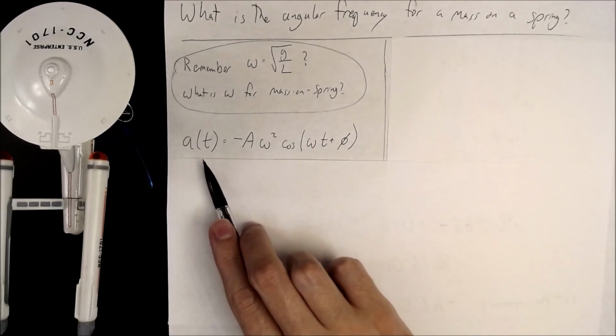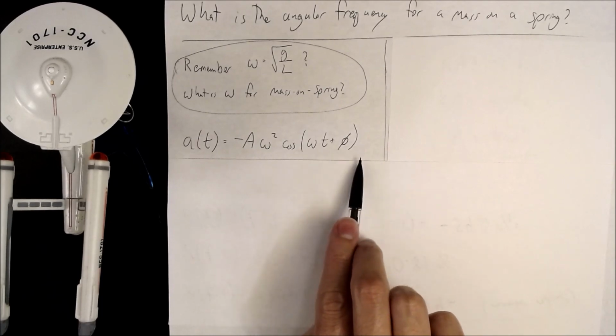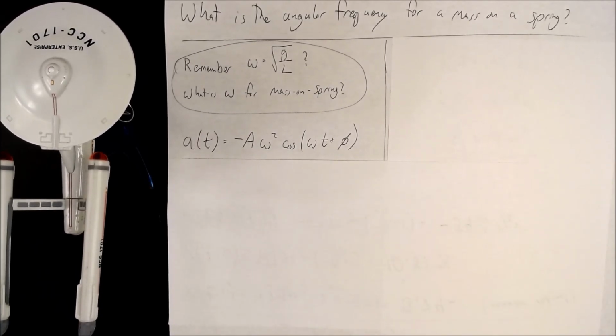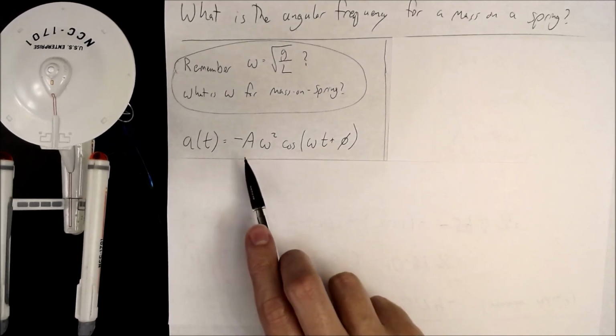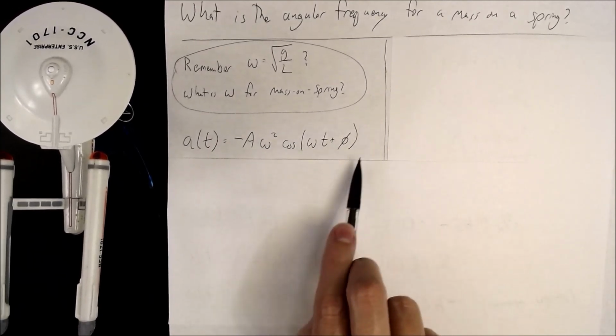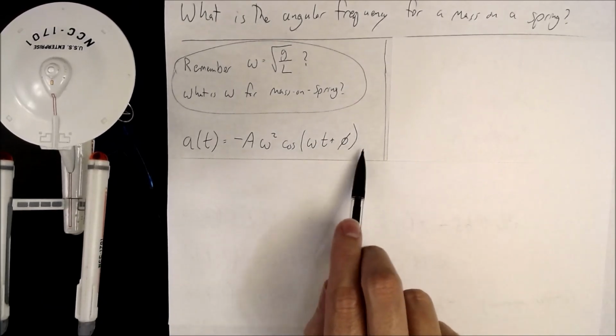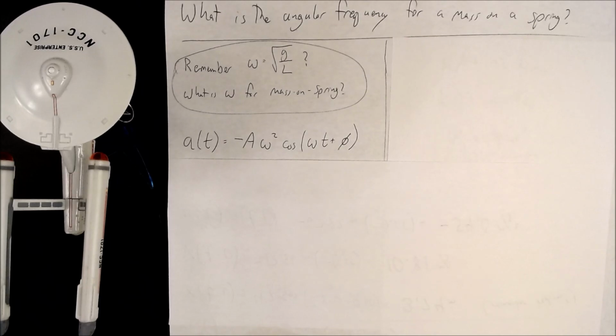So what is the maximum acceleration of something with this function of acceleration? Well, what is this cosine term going to be when it's at its maximum? Yeah, cosine of omega t plus phi should be -1.